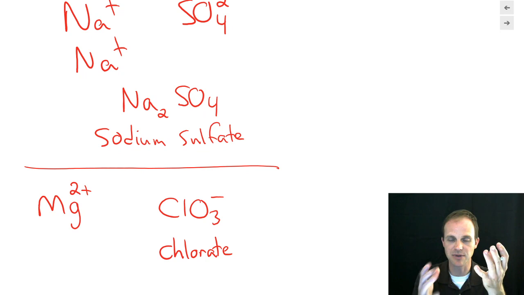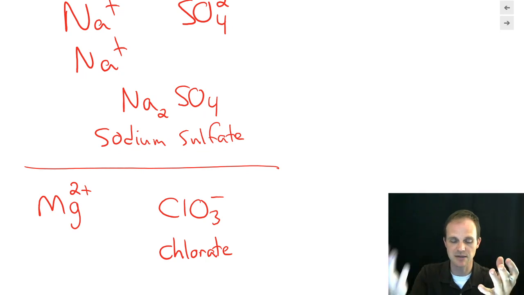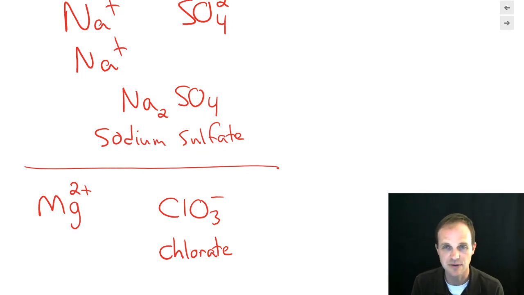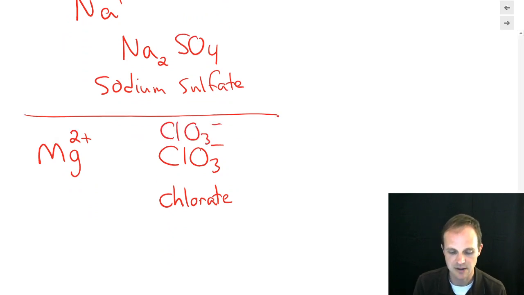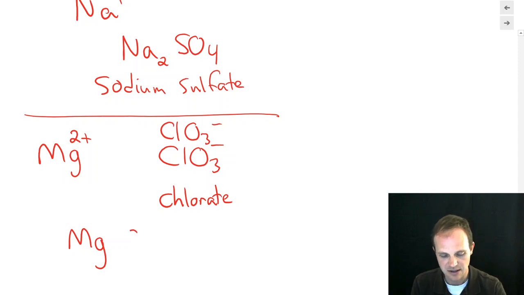Now, how do I balance a +2 and a -1? I need 2 of the -1s. So I need a second ClO3 minus here in order to make this work. And I get Mg. Now, how do I put my 2 ClO3s there? Some people I see do this.